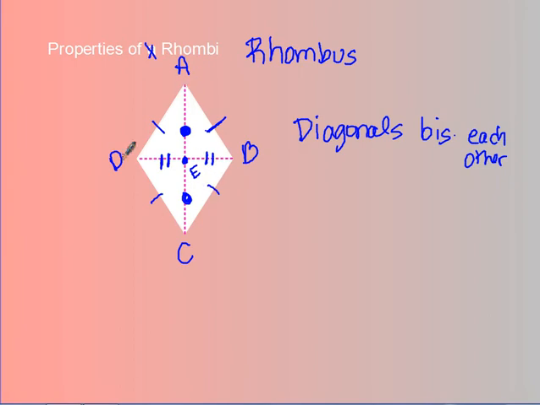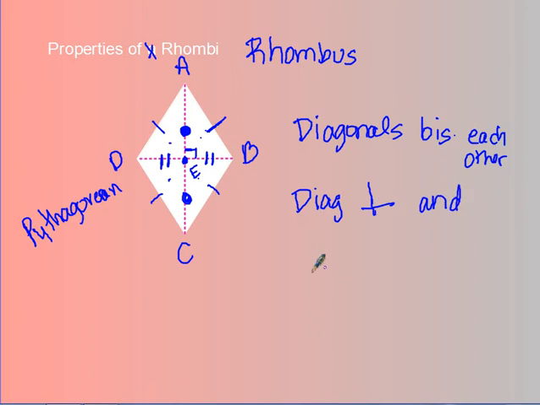You'll note that the diagonals are not congruent to each other. But something else that's really important is that the diagonals are perpendicular. So they create four right triangles. And coming up on Pythagorean theorem, which is dealing with your right triangles, knowing that the diagonals bisect and make four congruent right triangles is important.